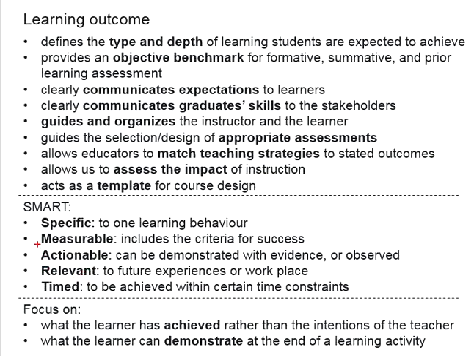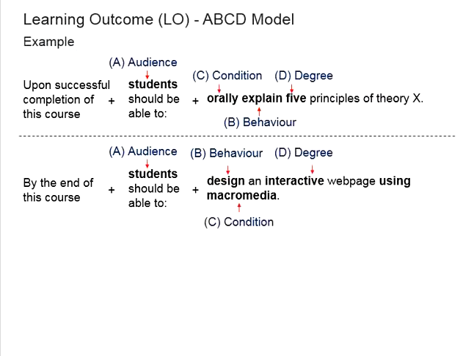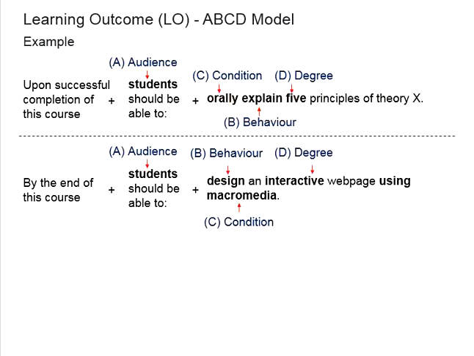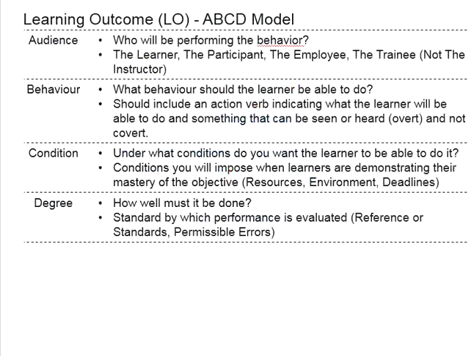Another common mistake about being actionable: sometimes the learning outcome is constructed in the manner that upon completion of this course, students should be able to understand the principles of theory X. Normally, we would not use the term understand, as understand is not something that can easily be observed.